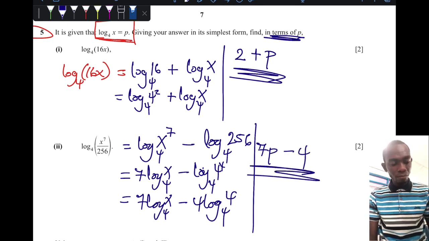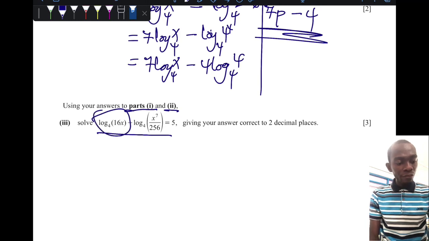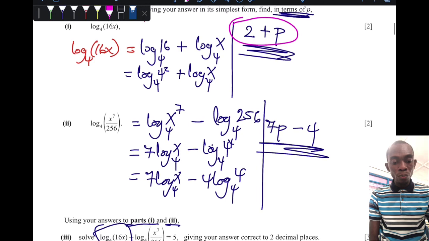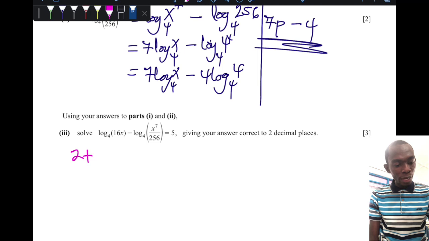Okay. Now they are saying that using your answers in parts I and II, solve something like that. Okay, what is this first portion? Well, that portion is what we got as, let me use this color, 2 plus p. So let's write it. Let me clean this thing first. So that is 2 plus p.